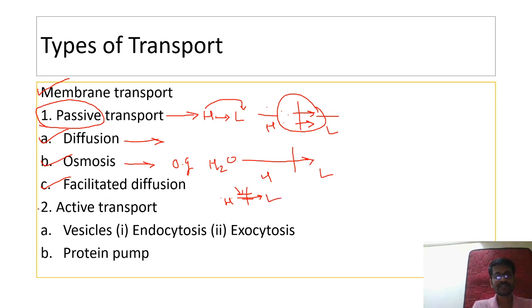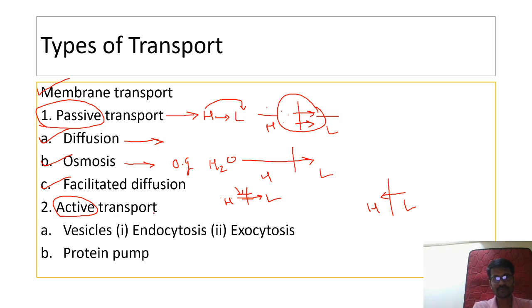Next is active transport, an important transport mechanism. Energy is needed to transport a molecule across a concentration gradient. That is, the movement of ions or molecules from lower concentration to higher concentration is termed active transport.